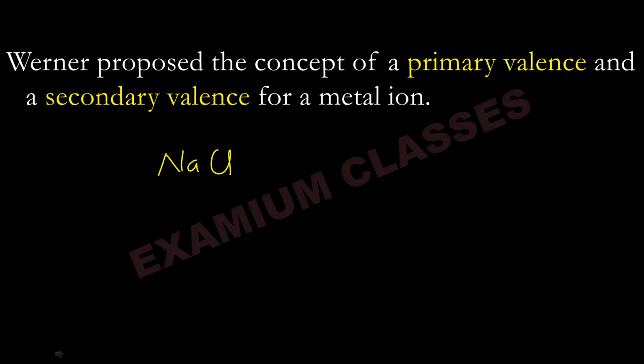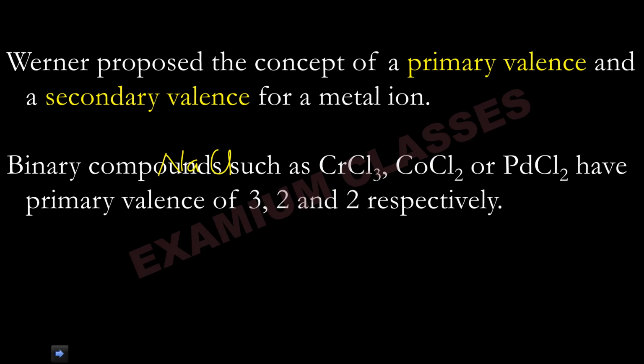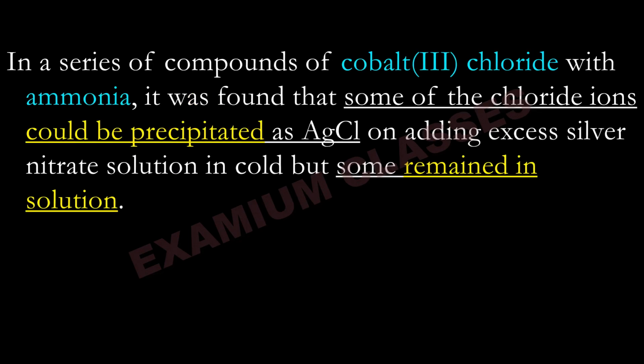So what is the secondary valence? The secondary valence was explained on the basis of this. This is the normal case: CrCl3, CoCl2, PdCl2. In all cases, the primary valence will be here 3, here 2, here 2, like this. Then the concept of secondary valence. What happened?